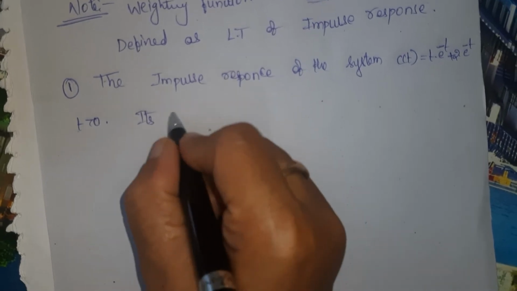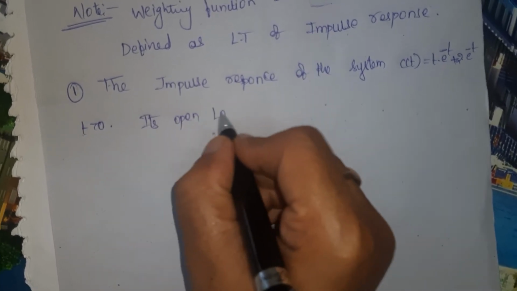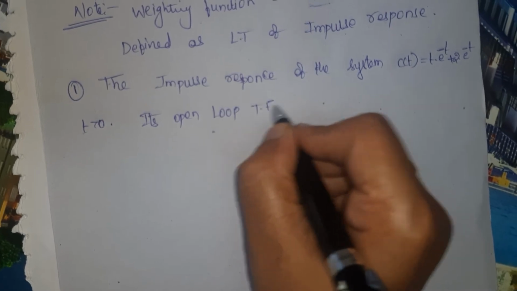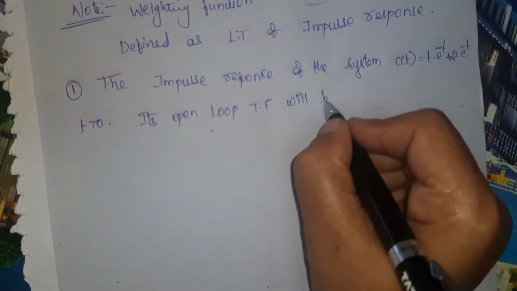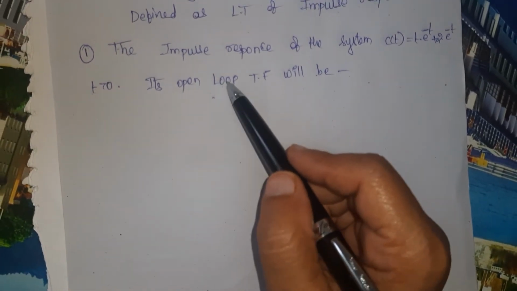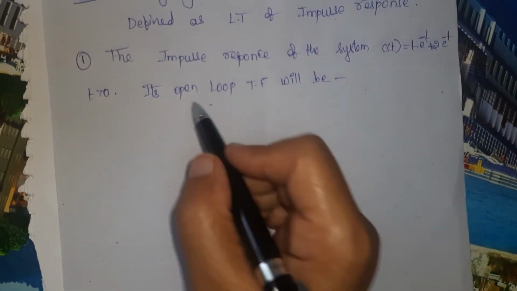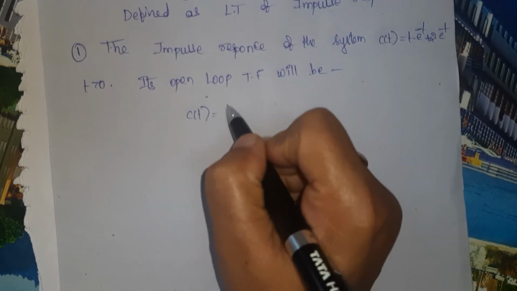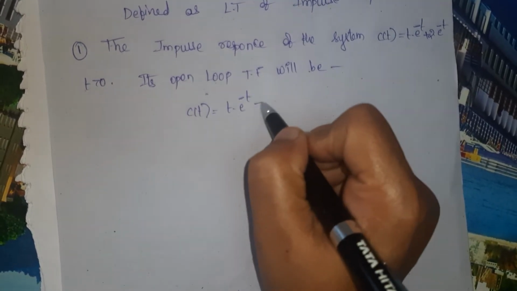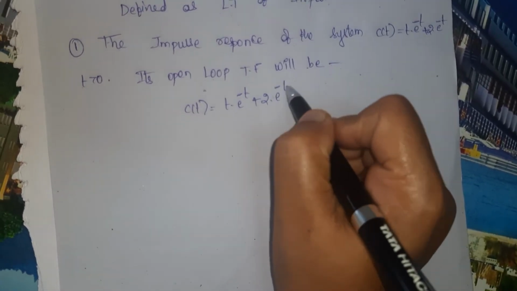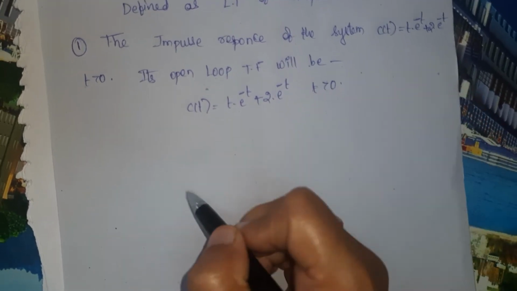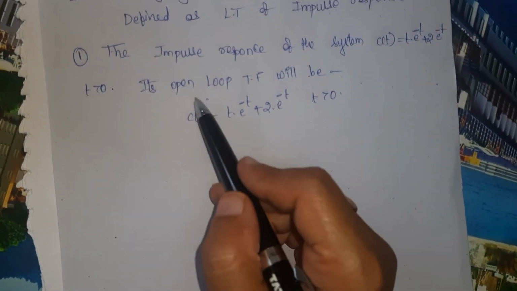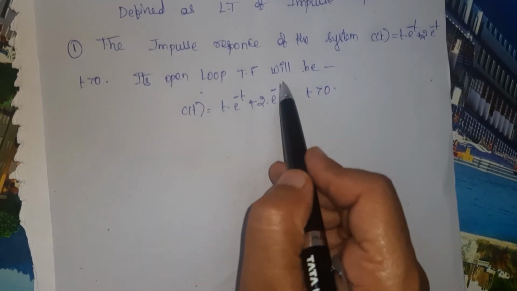You have to find its open loop transfer function. Here he has given the impulse response of a system, c of t equals t into e power minus t plus 2 into e power minus t, t greater than 0. We have to find the open loop transfer function.